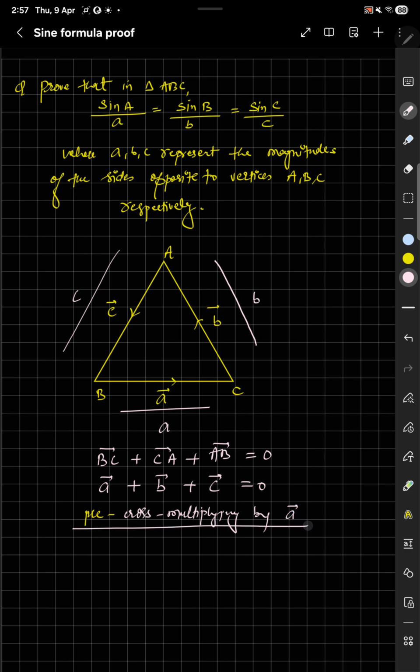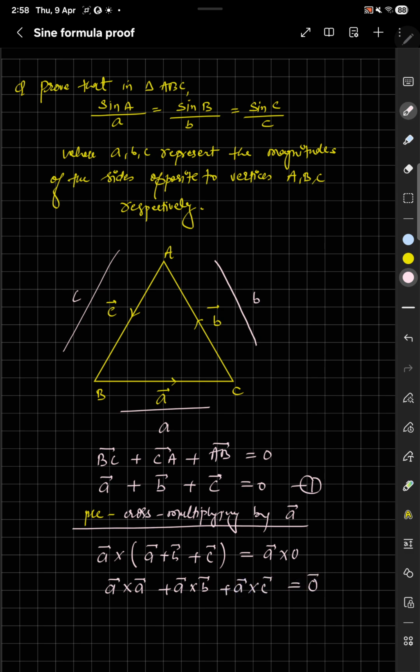If you multiply by a in this, what you get? a cross a plus a cross b plus a cross c is equal to a cross 0, which is 0, right?